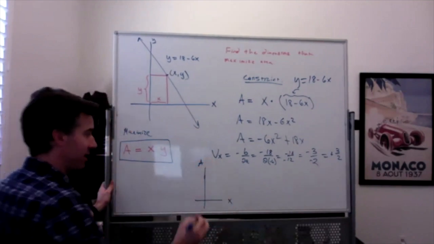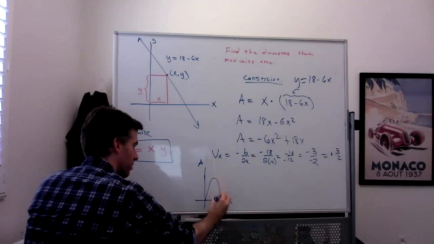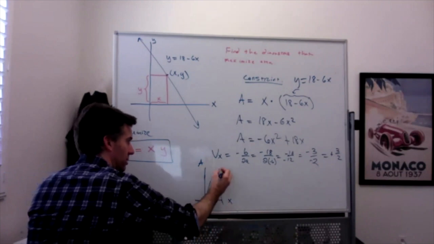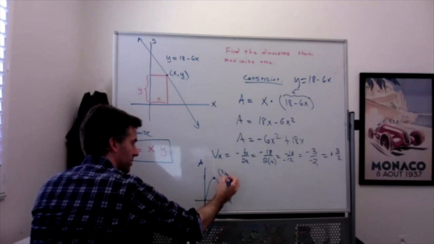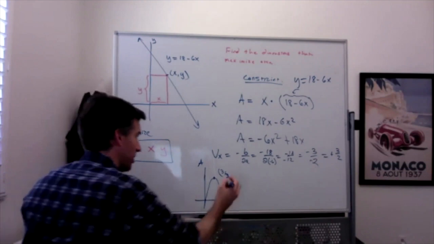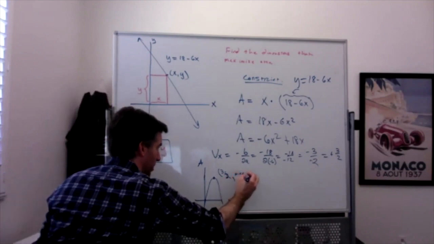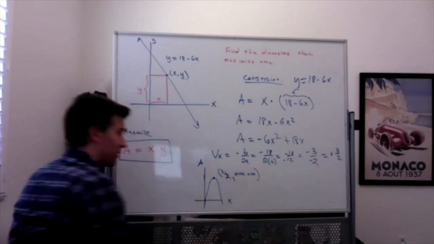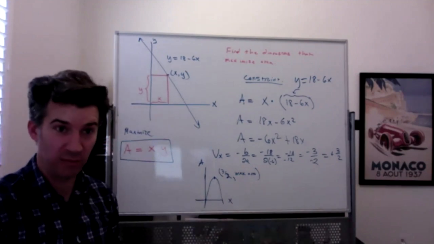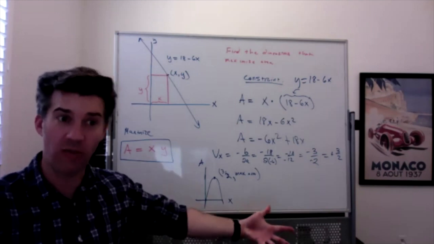So it would look something like this, where this point here was the x-coordinate of 3/2, and the y-coordinate, or the area coordinate, of whatever the maximum area is. But the problem isn't asking us to find the maximum area. We certainly could. There's nothing wrong with that.